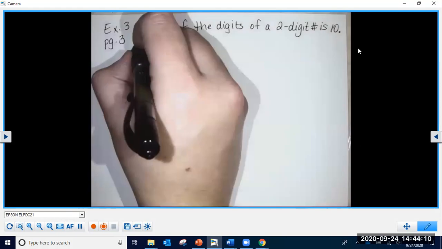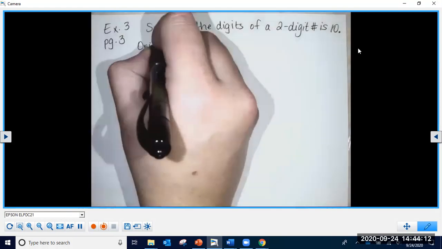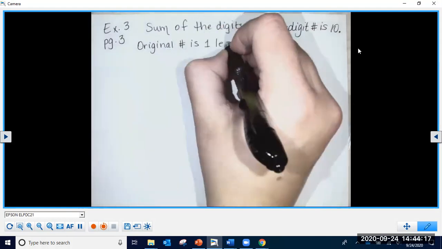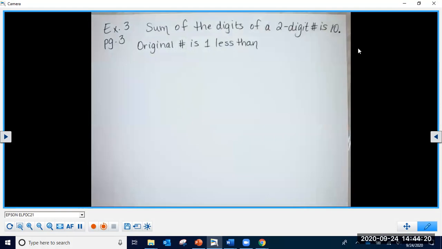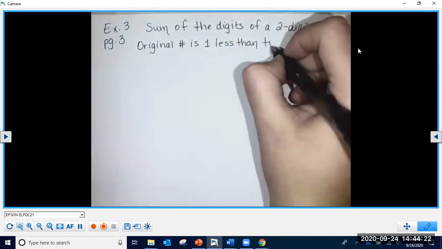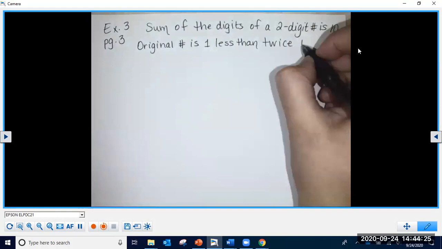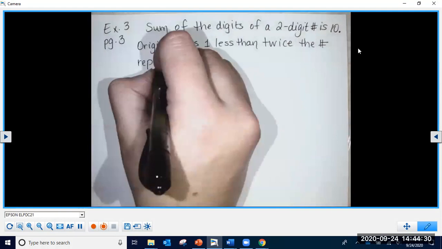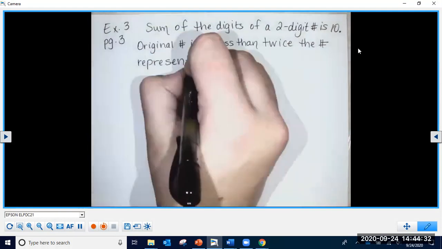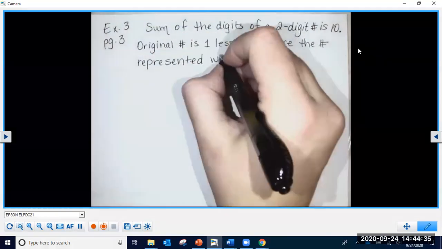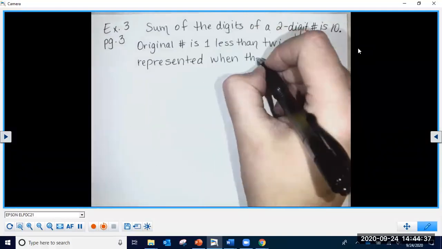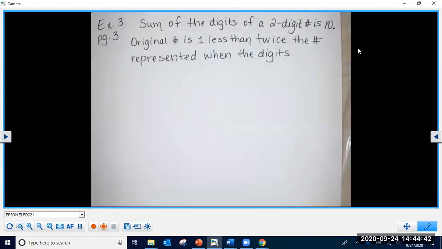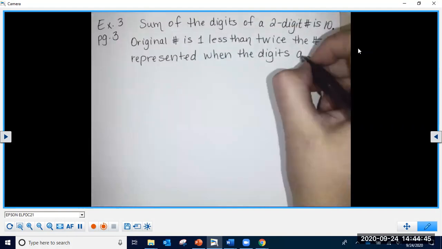Then it says the original number is 1 less than twice the number represented when the digits are reversed.